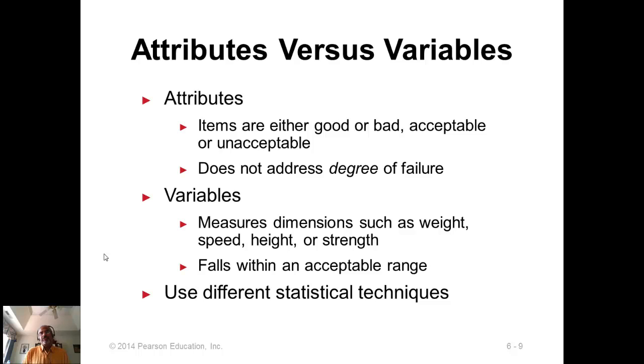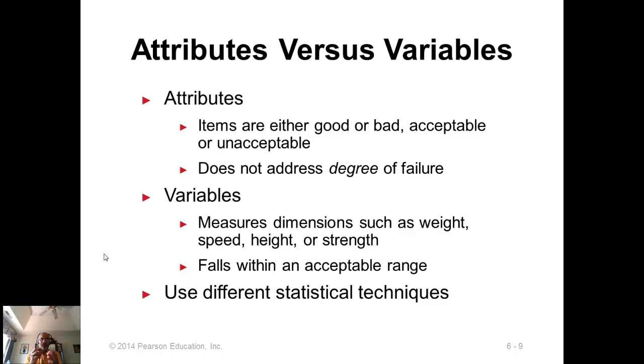Now attributes versus variables in inspection. Attributes is about whether a product is good or bad. So you're looking at the overall product and seeing whether it is of acceptable quality or not.